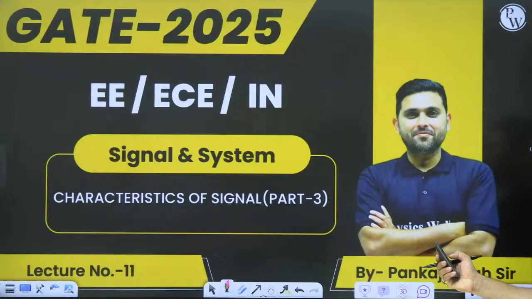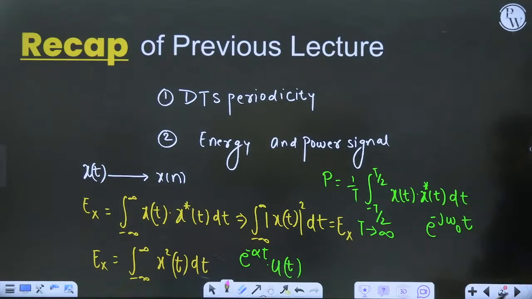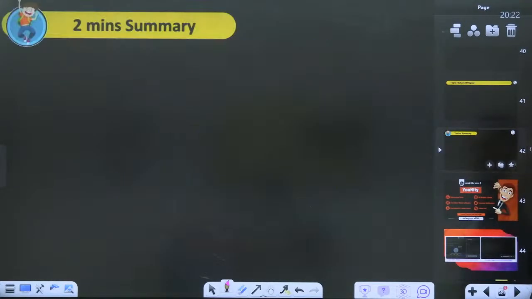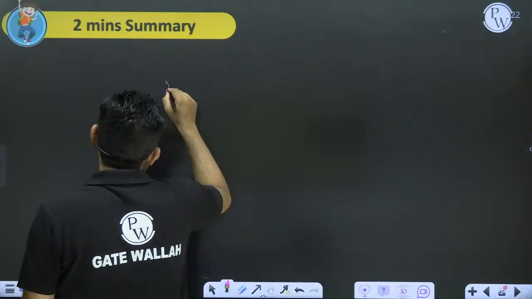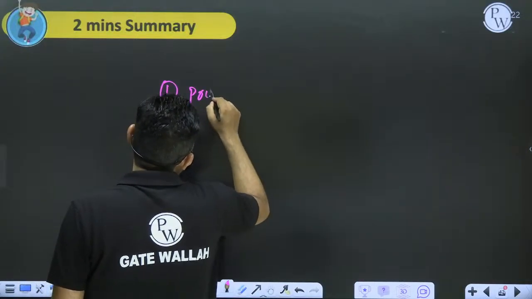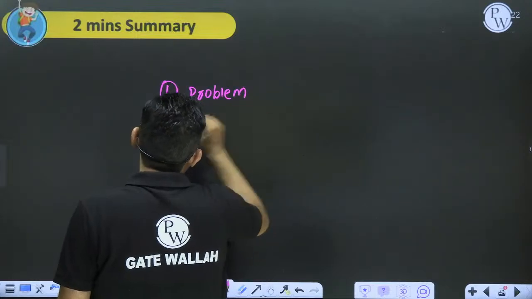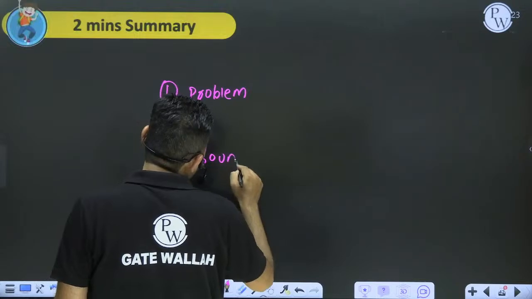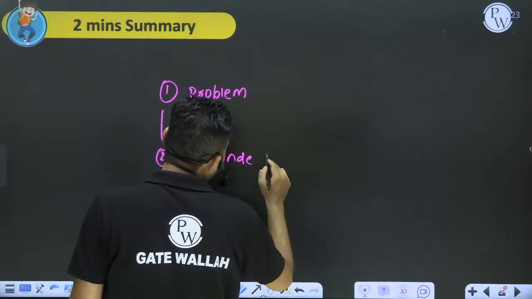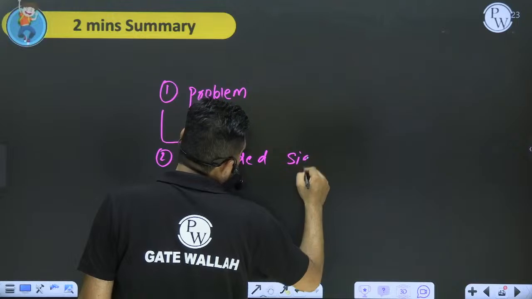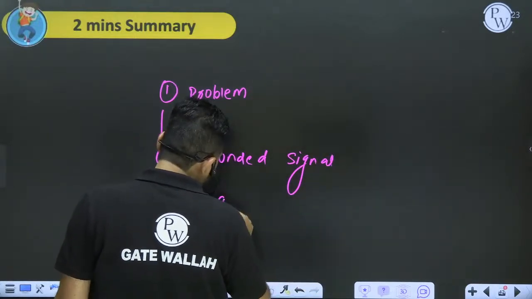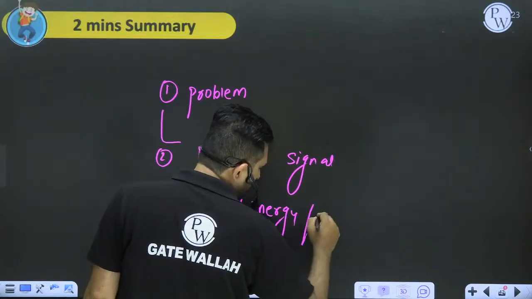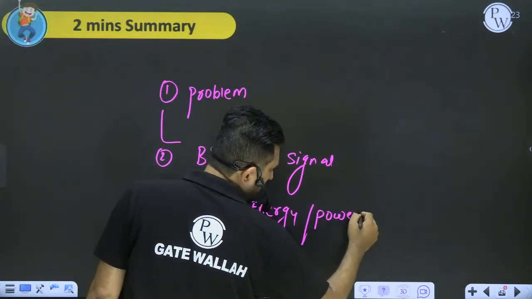So what we have covered is problems, bounded signals, and energy and power conclusions.